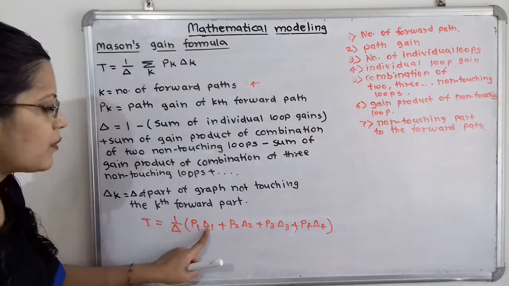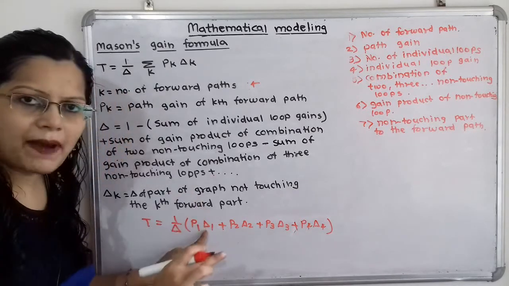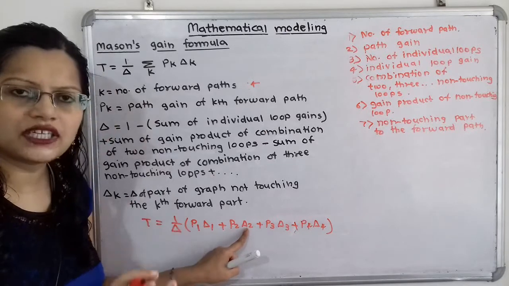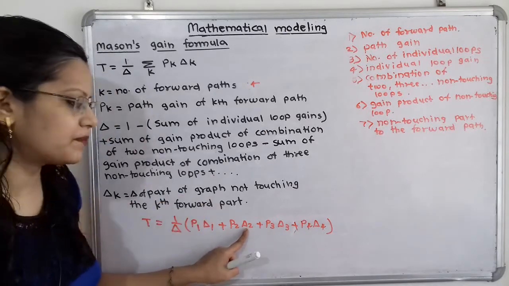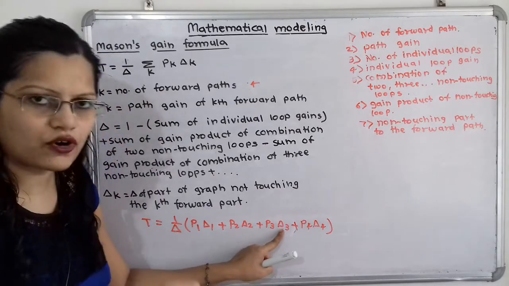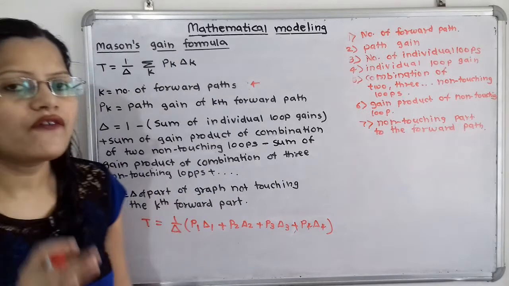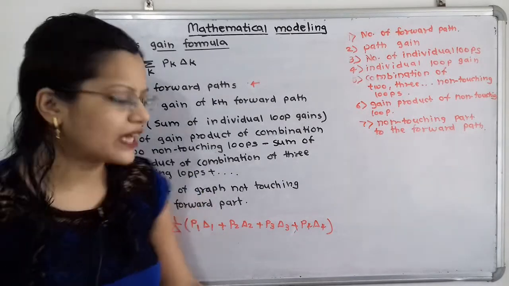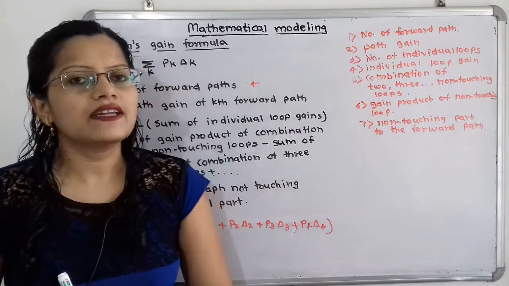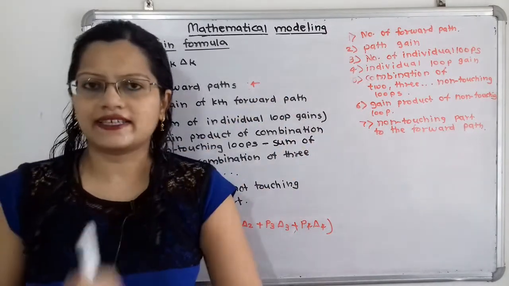That means delta 1 is the non-touching part to the first forward path, delta 2 the non-touching part to the second forward path, delta 3 the non-touching part to the third forward path, and delta 4 the non-touching part to the fourth forward path. So for that we have to first decide the forward path. Now we will take one example and apply all these points to that example.